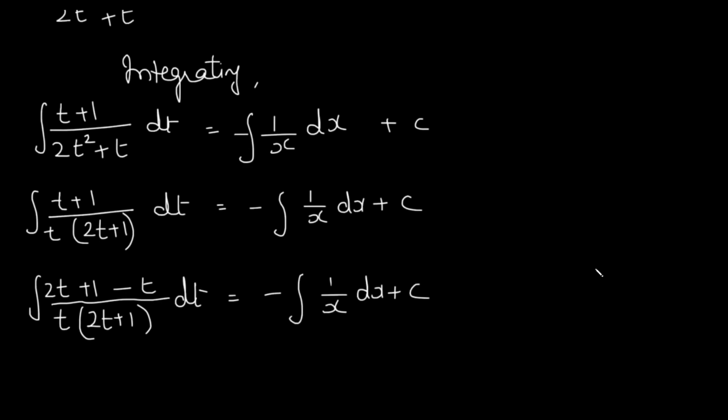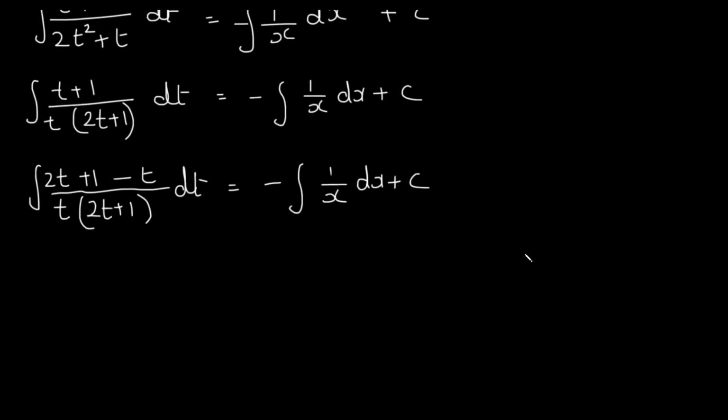This way. Then in the next step, let us separate the variables now. Okay, let us separate the two terms over here. So this becomes one term and this becomes the other term. So we have 2t plus 1 upon t into 2t plus 1.